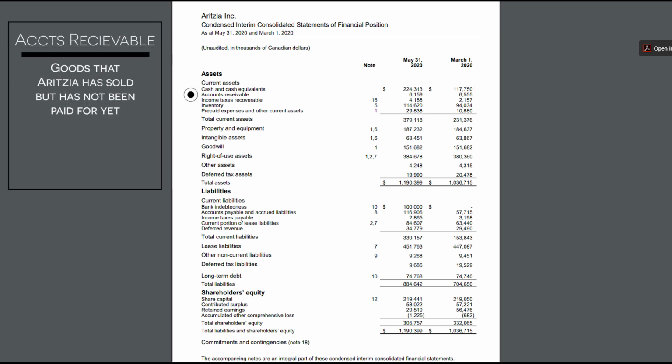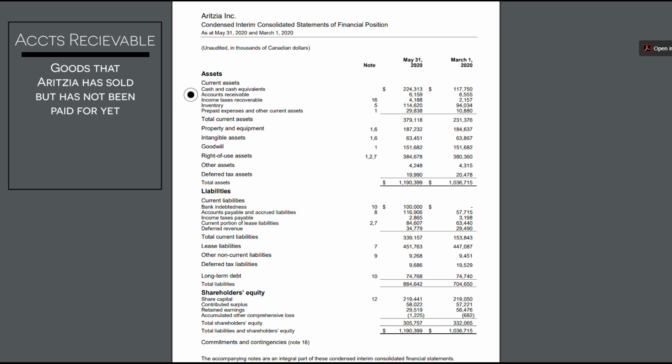Now, accounts receivable is essentially goods that Aritzia has sold on credit, whether it be to a retailer or a wholesaler. They haven't received this money yet, but they expect to receive it within the next 12 months. And the one thing you won't see on a balance sheet, or typically won't see, is something that management has to account for in this accounts receivable area called allowance for doubtful accounts, or simply doubtful accounts. So management and investors should always know that of every single dollar that Aritzia sells, they're not going to receive all of it.